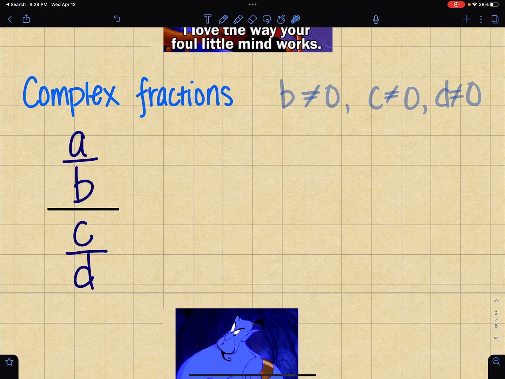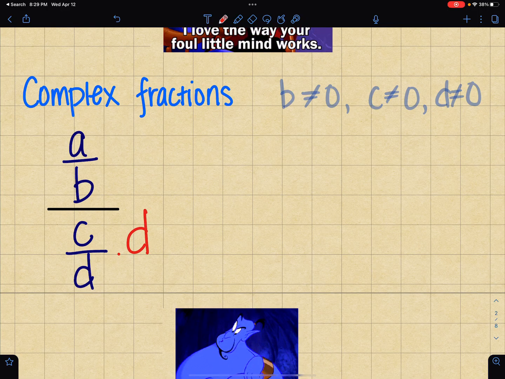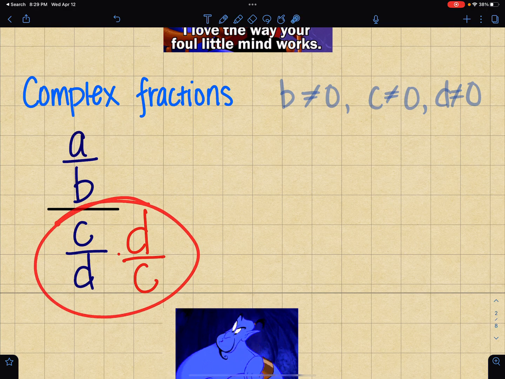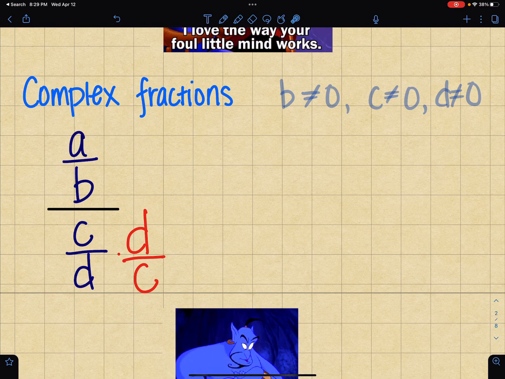What does that mean? That means if you multiply this bottom part by d over c, now just look at this part. This reduces to the number 1, right? This cancels this cancels this. It would only be the number 1.